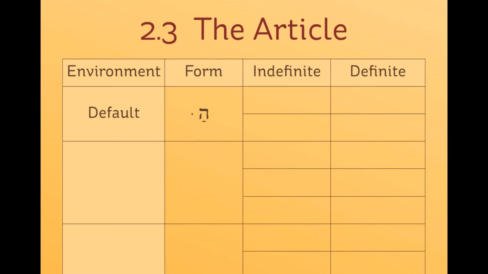Hebrew is a little bit easier because it just has one article, the definite article, pronounced ha. If the noun doesn't have the article, then it's considered indefinite. Now, the article is always pronounced ha, and it's written as a prefix to the following word. The default way to write this is with a patach and then writing a dagesh in the following root letter.